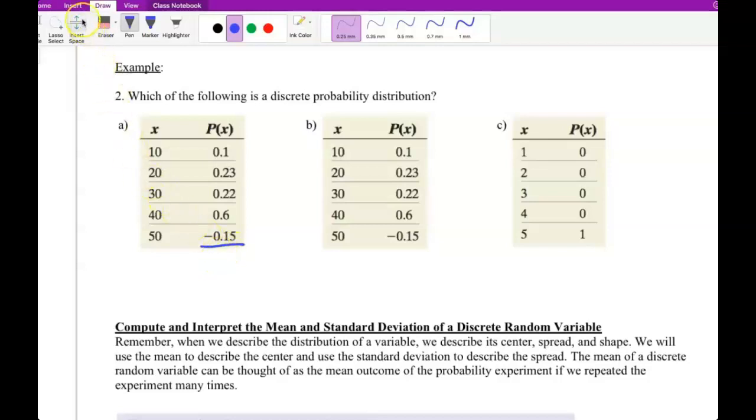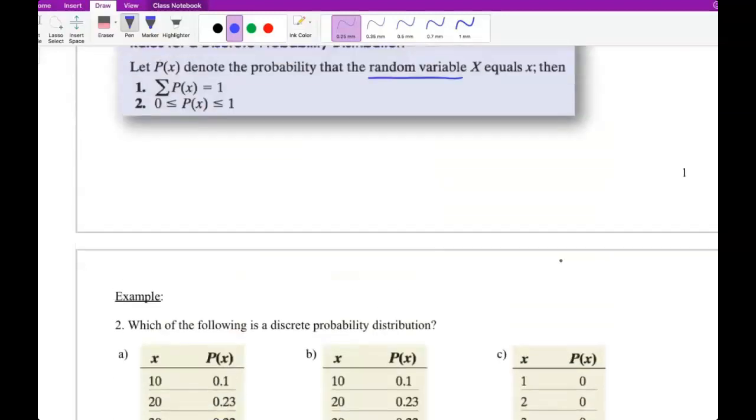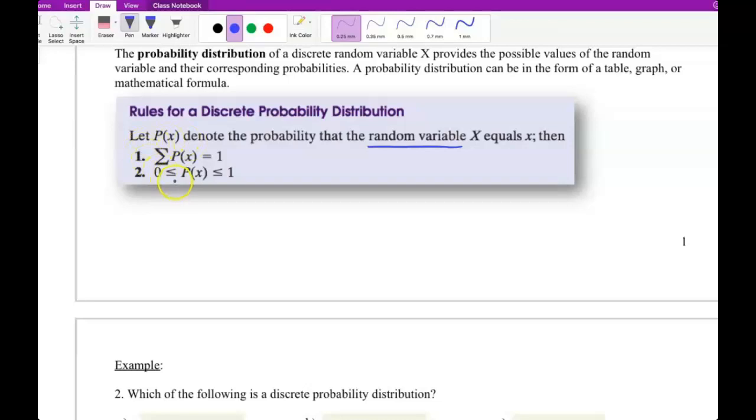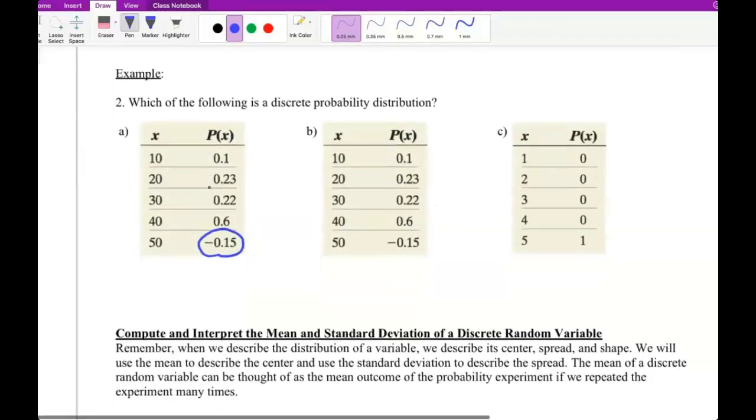But before adding, based on the second rule, here we have a negative number. See, on top we have the second rule. This should be between 0 and positive 1. But here it is less than 0, it is a negative number.